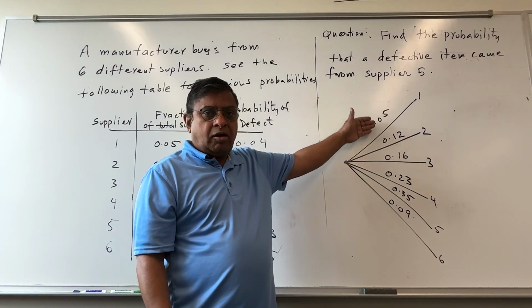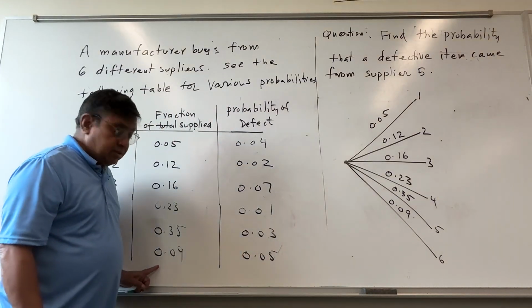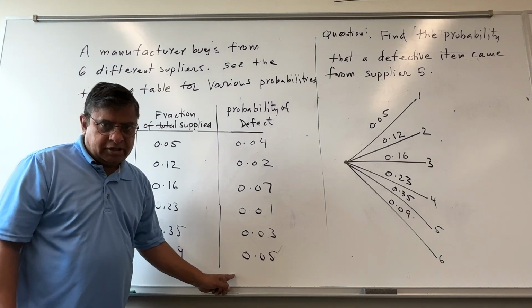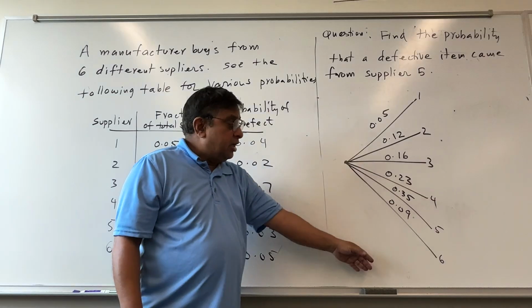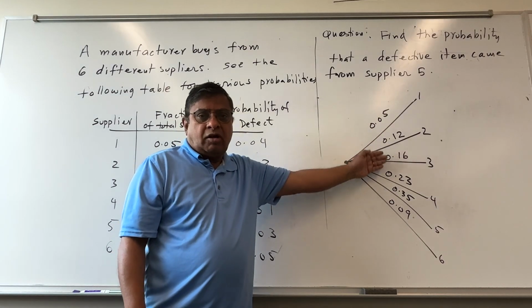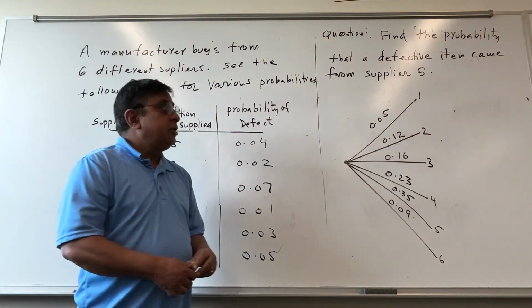If you add all of them, you should get 1. So that is the case here. That's why these things come first. These are mutually exclusive, and all these numbers add up to 1. That's the main criterion here.